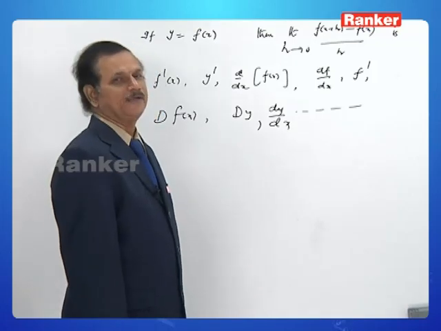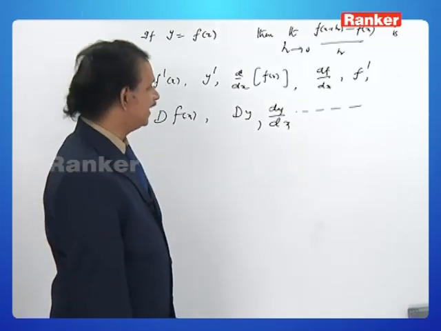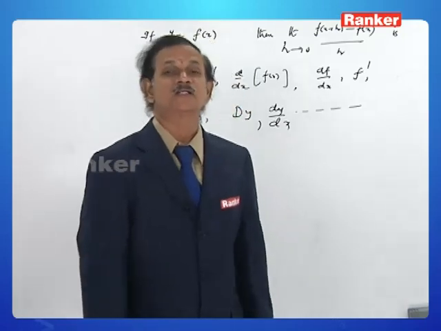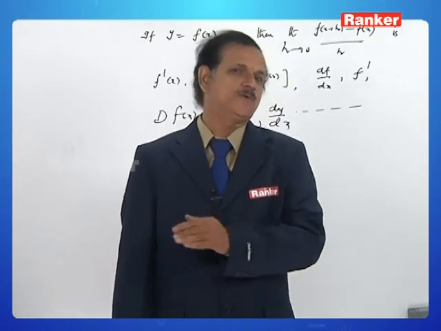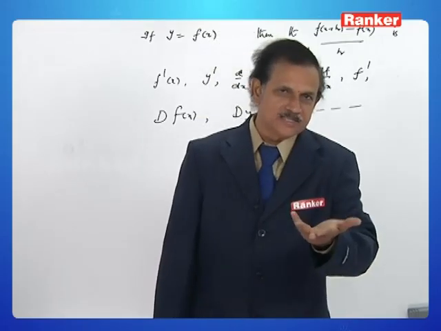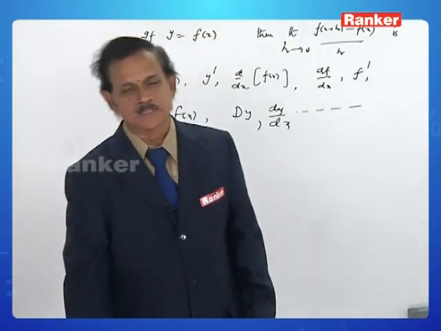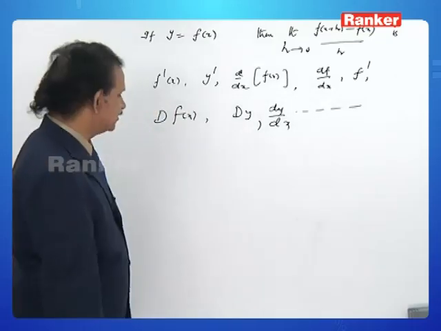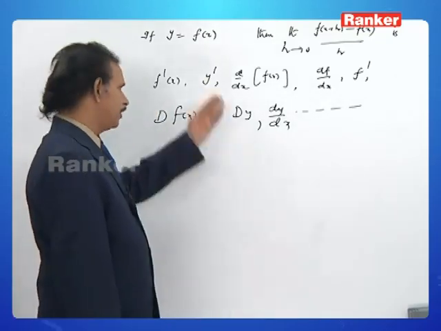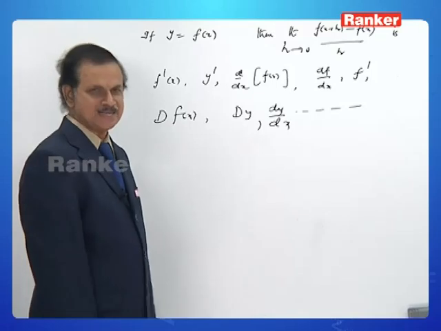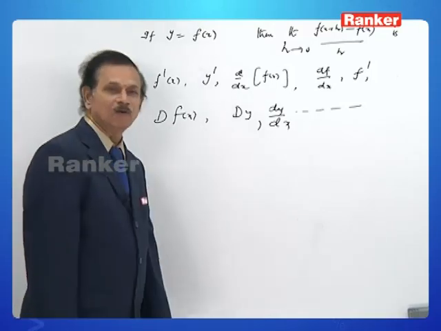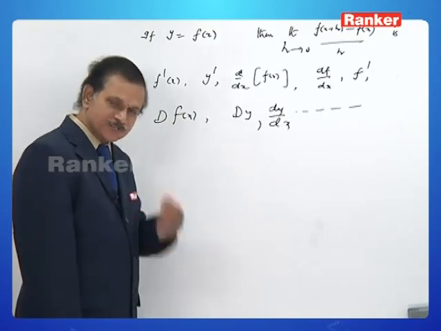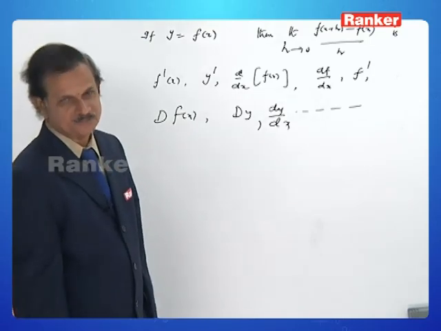That is, we are going to learn the change in f of x corresponding to the change in x. Related to the change in x, we are about to find the change in f of x, that is y, that is dy by dx or dy by dx of f of x, like that. These are the various symbols. Well, let us now go into the details of this concept.